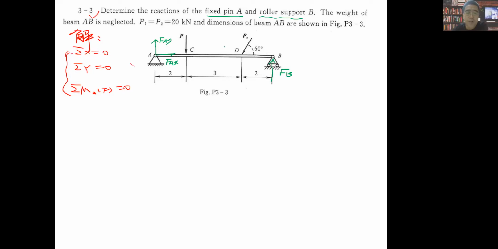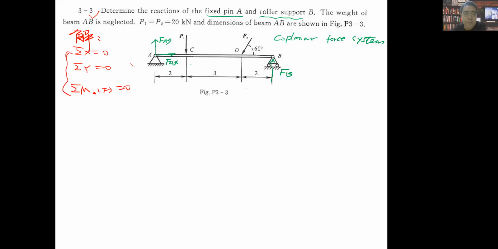So actually for a coplanar force system, we talk about its equilibrium condition. We will have three equations, right? Just sigma X equals 0, sigma Y equals 0, and we can arbitrarily select any point on this plane.